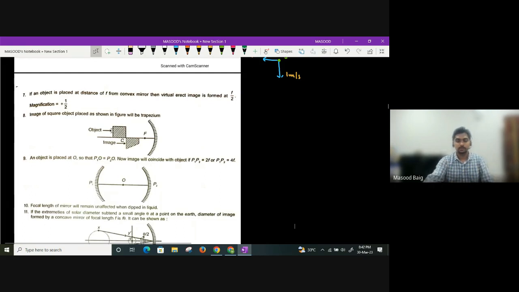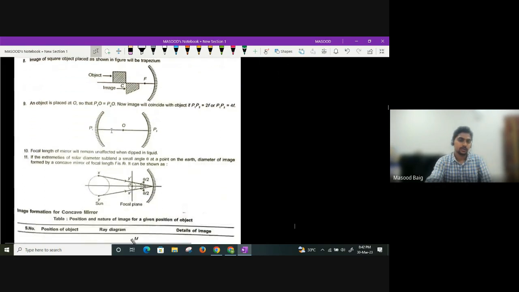Now, the other major important part is, see, focal length will usually depend on the radius of curvature. So if you take a mirror, I am placing the mirror in air first. It has some curvature. I am taking the same mirror and placing it in some medium. Will it have the same curvature or not? Will curvature change? No, it is not going to change.